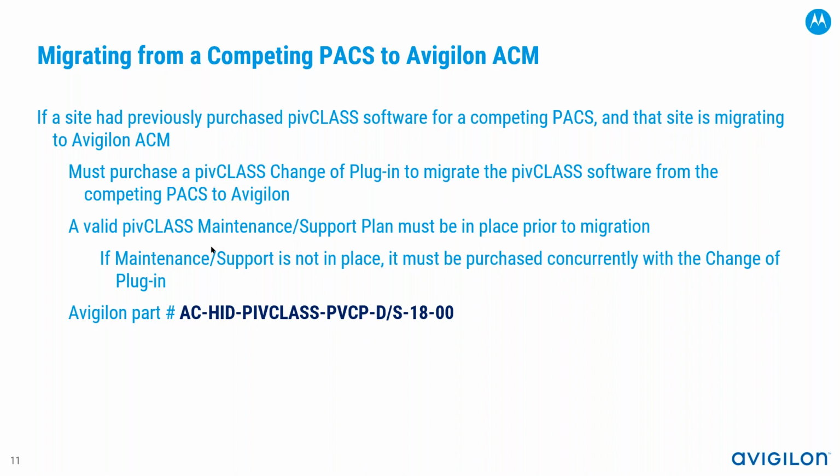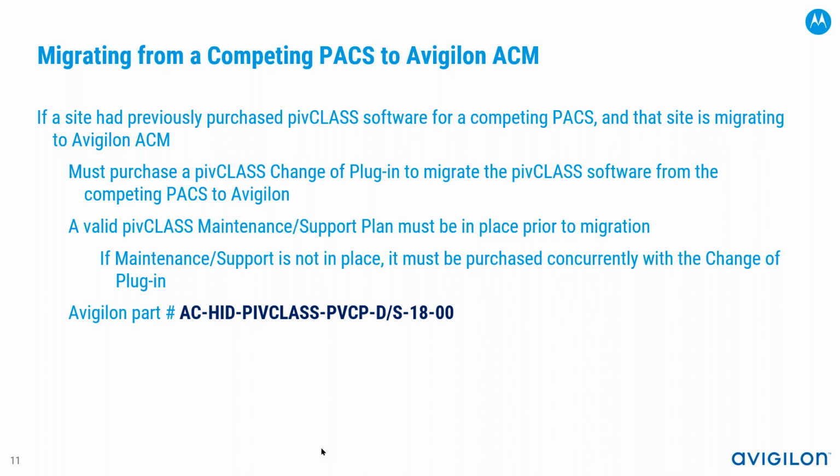And to do that, that's the part number down here. We need to apply a plugin specifically for ACM, Avigilon ACM with PIV check. So that's the number over there. If it's a new system, then obviously you don't need that. The plugin will go along with the purchase of the PIV check solution with ACM.